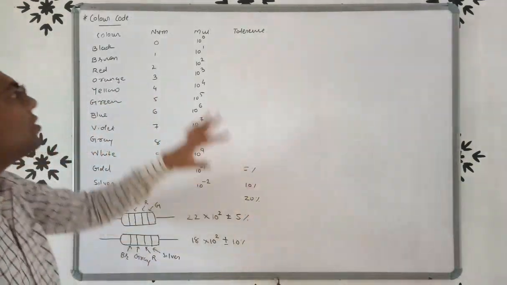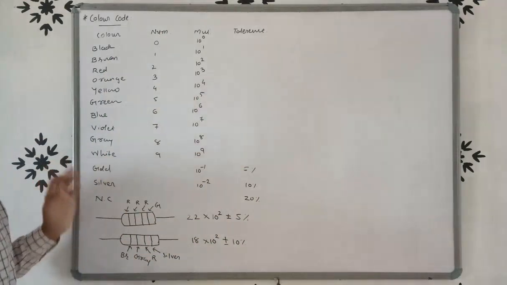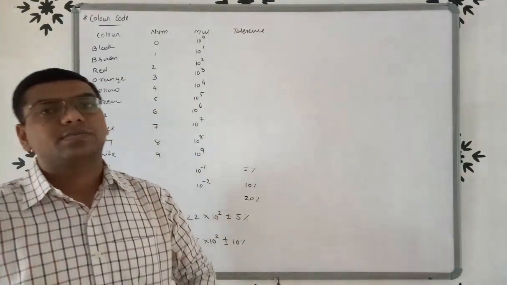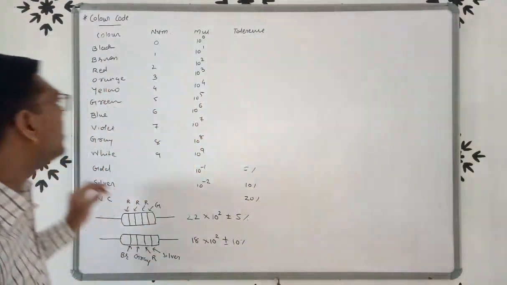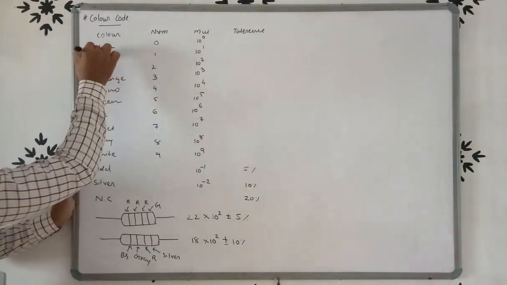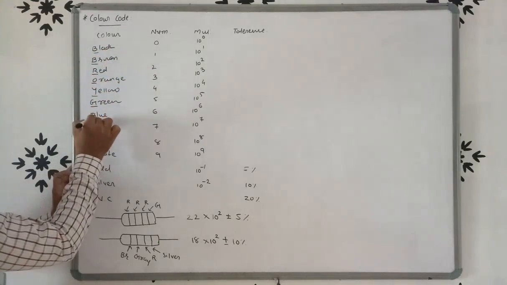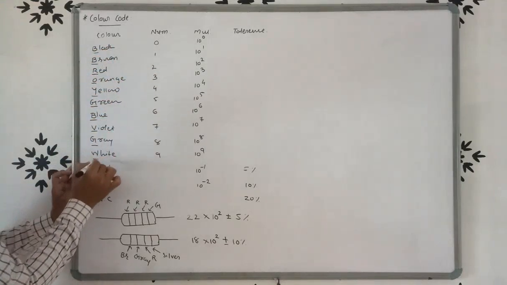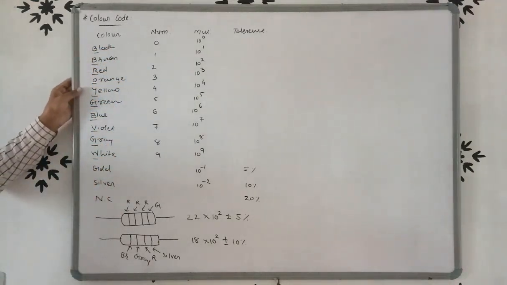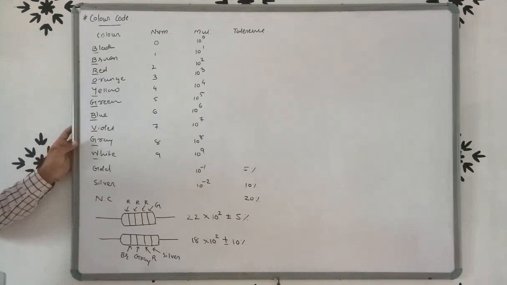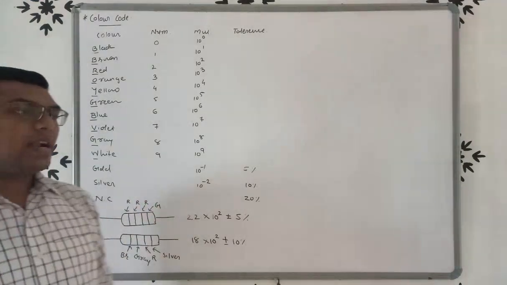So with the help of this table we can easily find out the resistance of any resistor. You simply have to remember this short scheme: B Roy goes to Bombay via gateway of gold, silver, and at last no color.